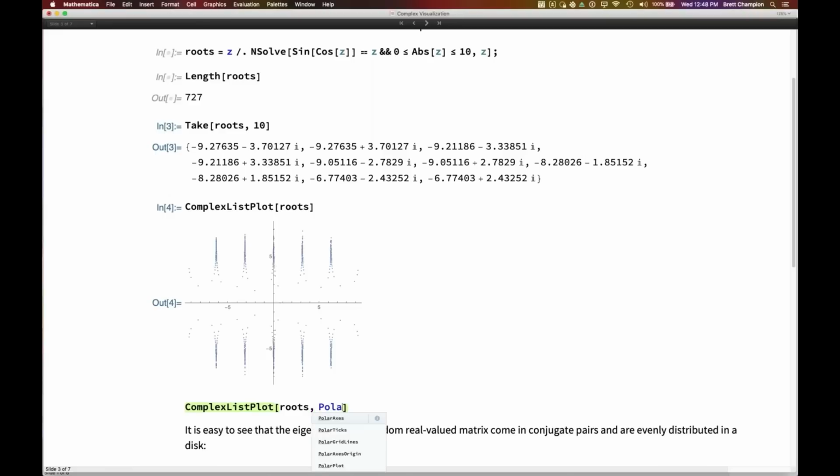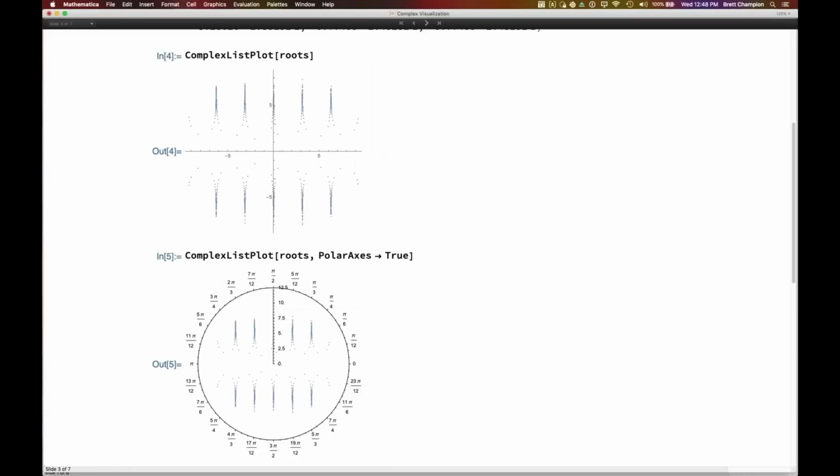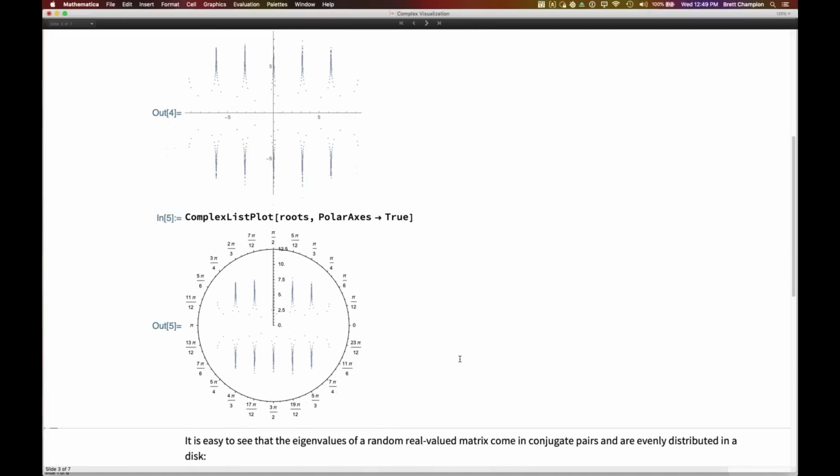And so because of that, we added the ability for ComplexListPlot to use polar axes instead of just the Cartesian axes that ListPlot would normally have. So even though this is in some ways a very simple function, we're looking for ways to take advantage of the fact that we know that we have complex numbers coming in and thinking of things in that sense.